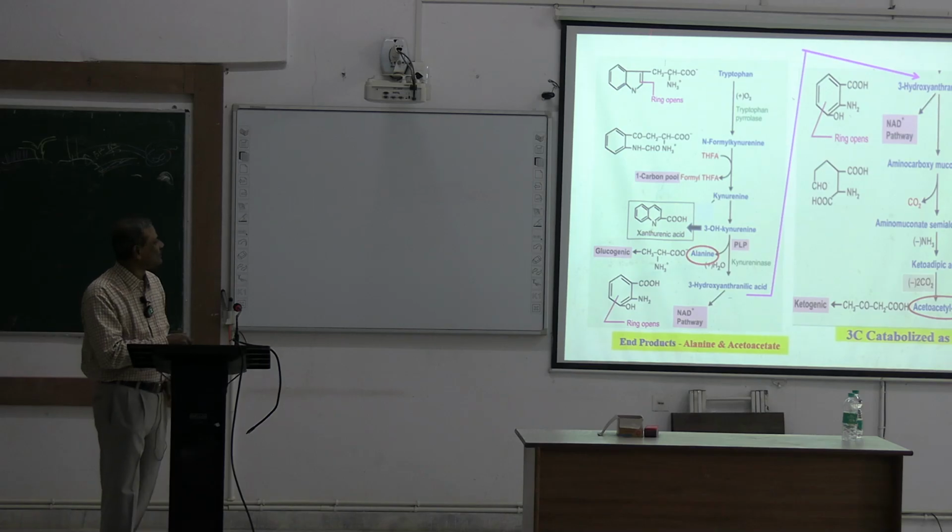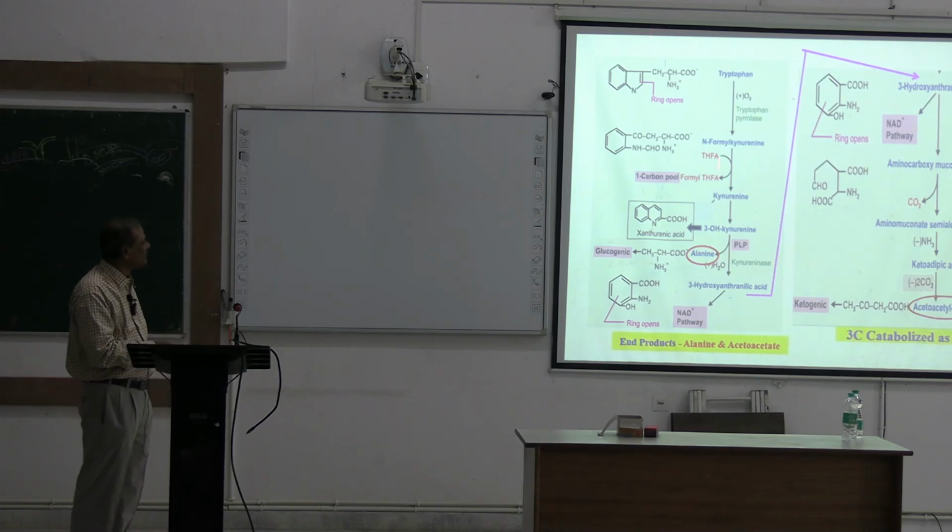So this is the pathway. I have written here 3-hydroxyanthranilic acid, and this is 3-hydroxyanthranilic acid. I have brought it here so that you can see it in one cycle. The reason why I have shown it to you is that there are 3 carbon dioxide. One carbon dioxide is formed here, 2 carbon dioxide is formed here.